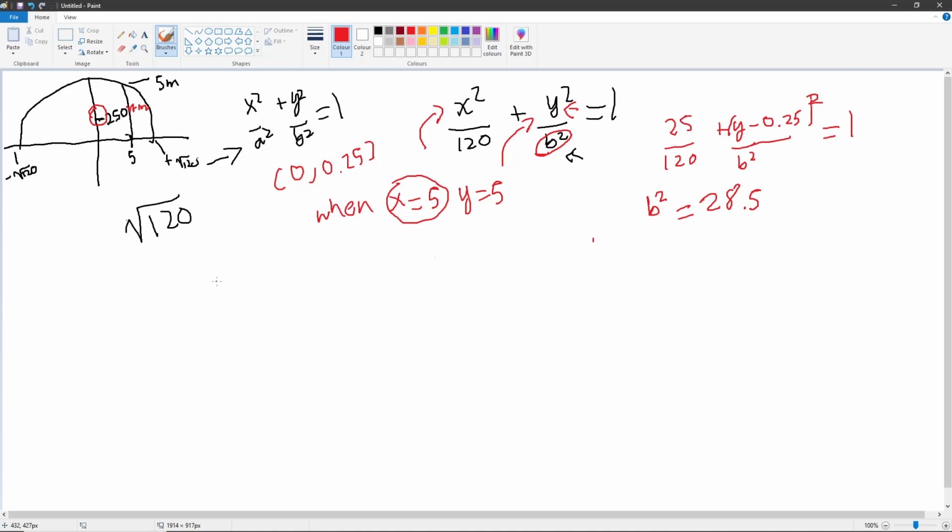So that means that your equation now has become y minus 0.25 squared over 120 plus y minus 0.25 squared over 28.5 is equal to 1. That does not get you achieved, but that's good. That means that you've done the first step that you have to do. That's what I'm trying to say.